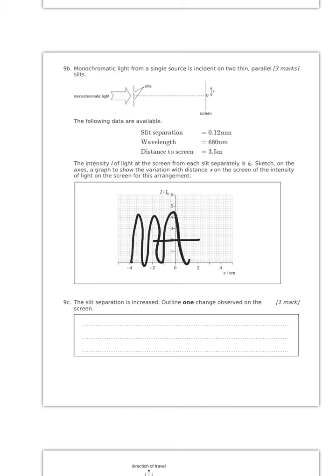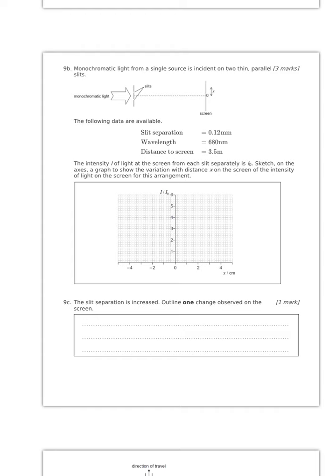So 2 is the average, where the trough has no intensity and the crest has maximum intensity. If we follow that pattern, it's going to rise to 4, the height of the peaks, because 2 is the average of 0 and 4.